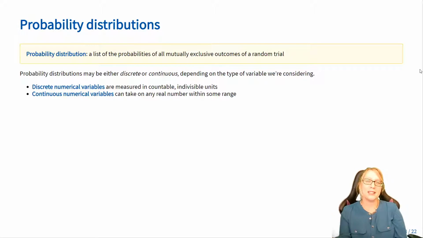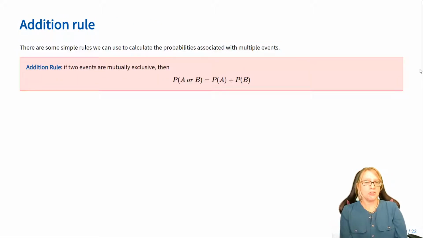If we have a continuous numerical random variable specifically, then the probability distribution is a little bit trickier to work with. We're going to focus on discrete situations first, so probabilities related to either categorical variables or variables that are numerical discrete. So let's introduce some rules for working with probabilities.